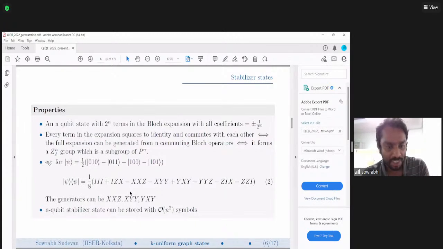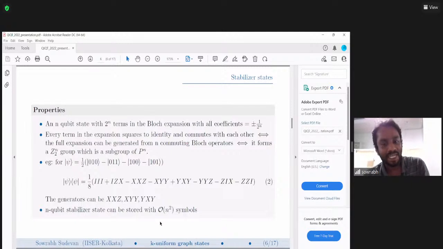Now what is the use of this? This is in some sense related to the previous talk, this idea that a general state of n qubits, if you want to store it in a computer, you would have to store 2 to the power n numbers, right? But here, if it's a stabilizer state, it has this property that you need to store n operators, and each of those operators has length n.